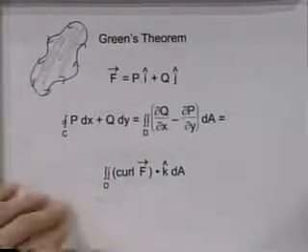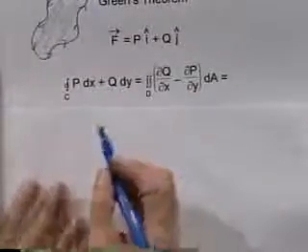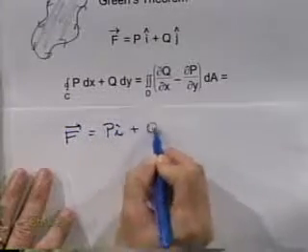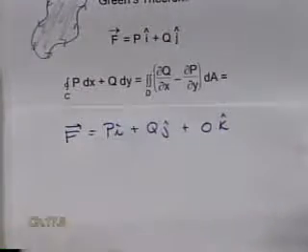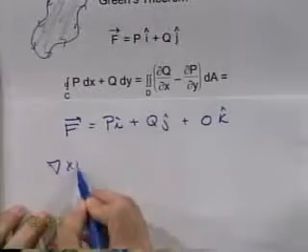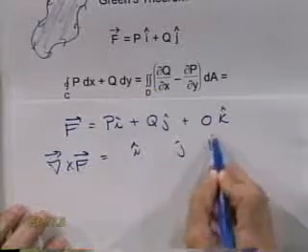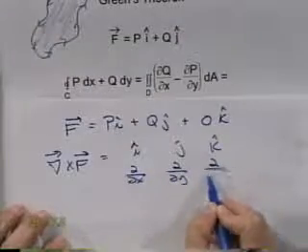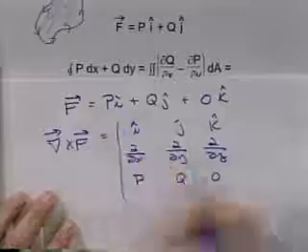Okay? Now notice, vector f here in Green's theorem that we did the other day was pi plus qj plus, I could write that as 0k. So if I wanted to go del cross f, I would go i, j, k, partial with respect to x, partial with respect to y, partial with respect to z, p, q, and 0.